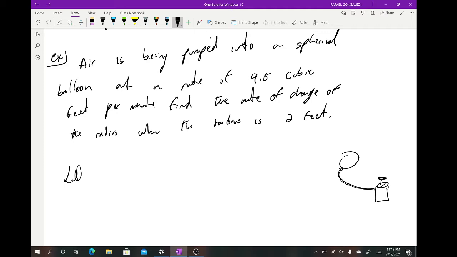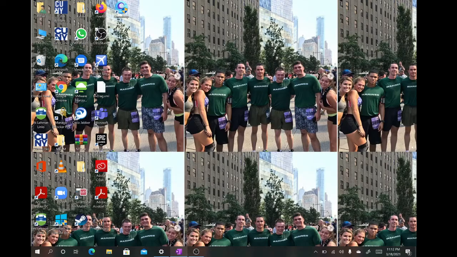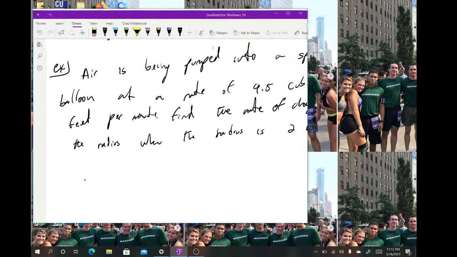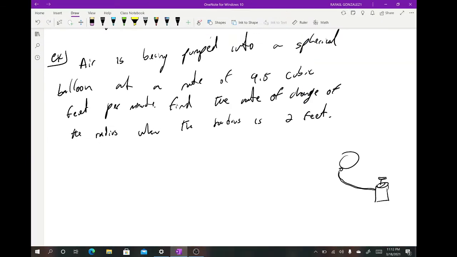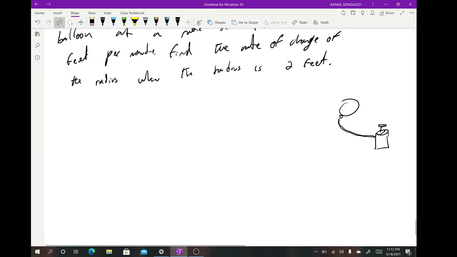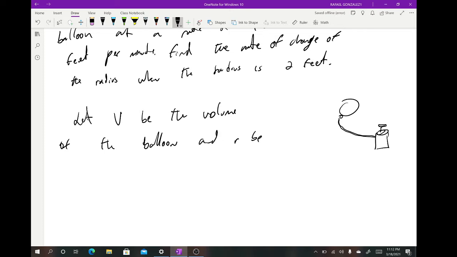So let's let V be the volume of the balloon, and R be the radius.